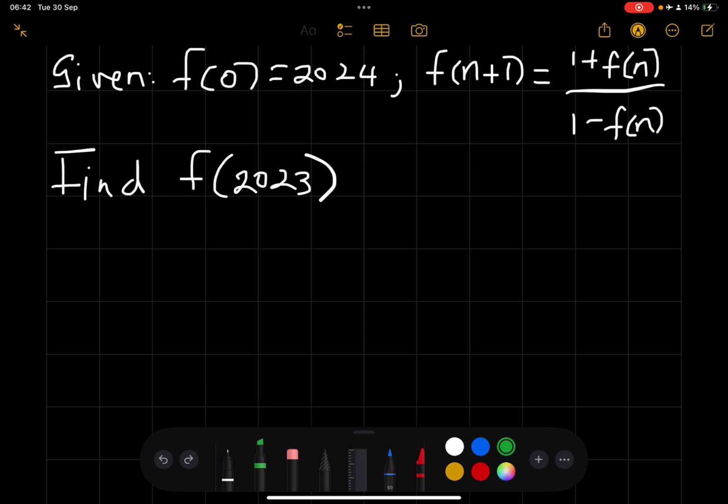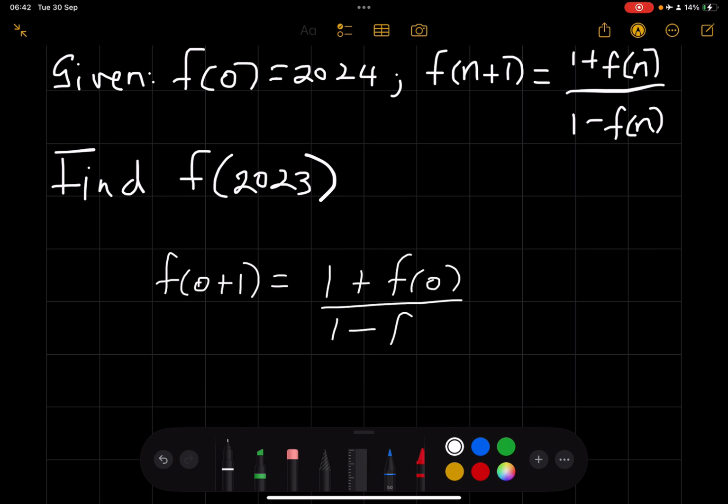Okay, so I'll say f(0+1) is the same as (1 + f(0))/(1 - f(0)). And we can agree, ladies and gentlemen, that 0 plus 1 is basically finding f(1). Let's now substitute.